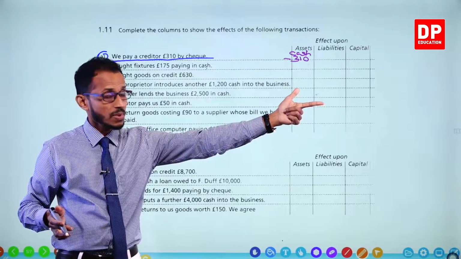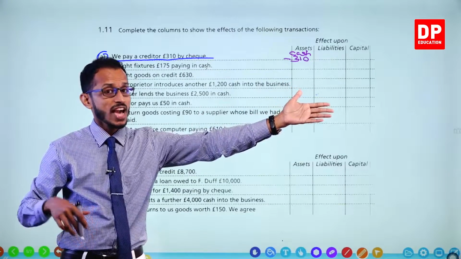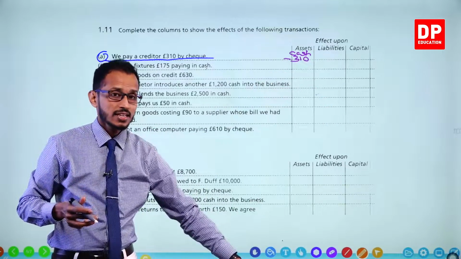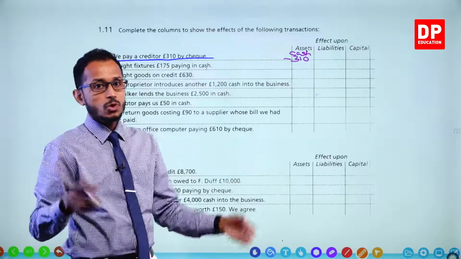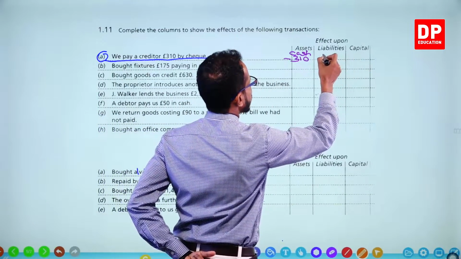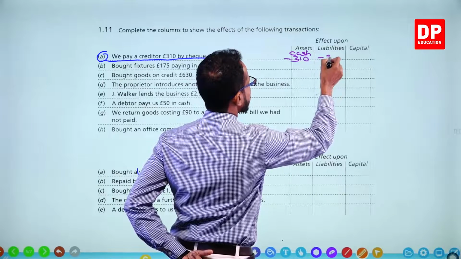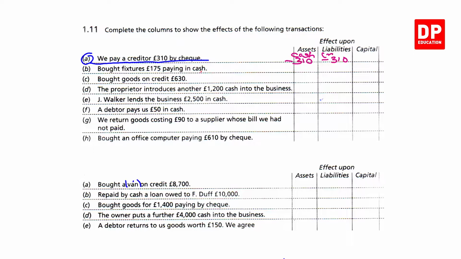So that supplier is a creditor. If we pay them the amount that we are owing, the liability is gone. We are settling that amount, which goes under liabilities, and liabilities also decrease. Creditor.